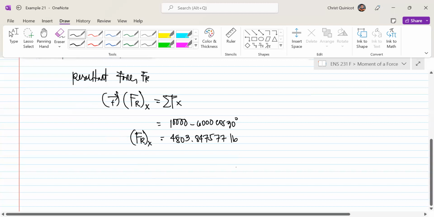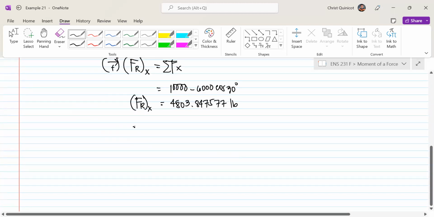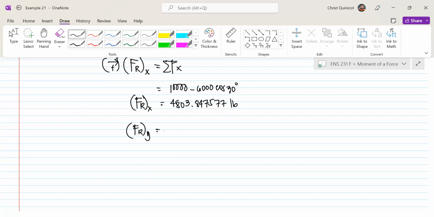For our F sub Ry, it is equal to the sum of all the forces in the y direction, assuming upward positive.